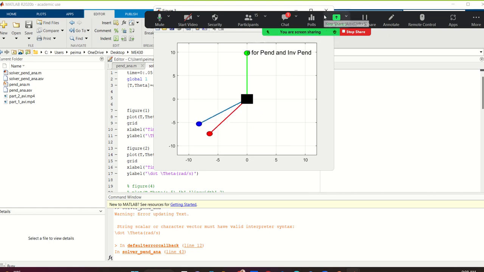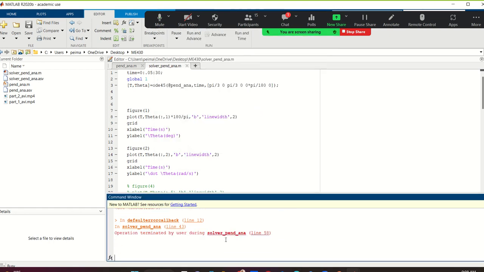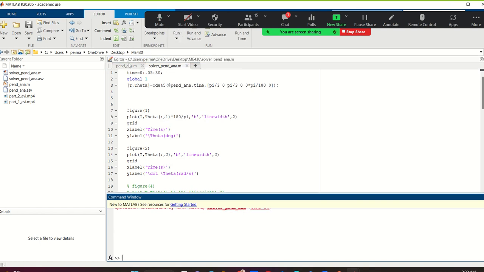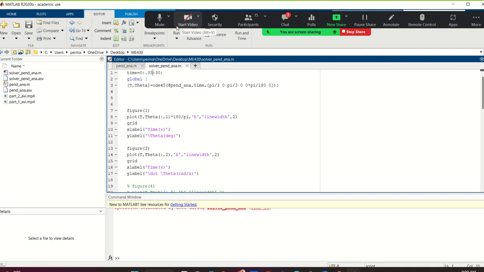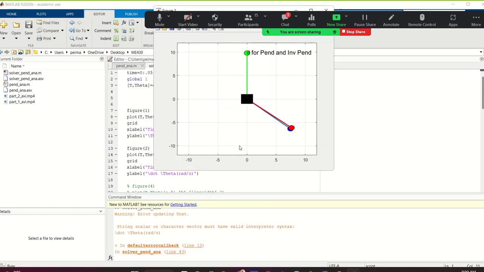Let me finish this and you can leave and I'm gonna share the code with you. Let me change it now to the original version, sine of nonlinear. Because there's no initial condition, it's gonna remain there.